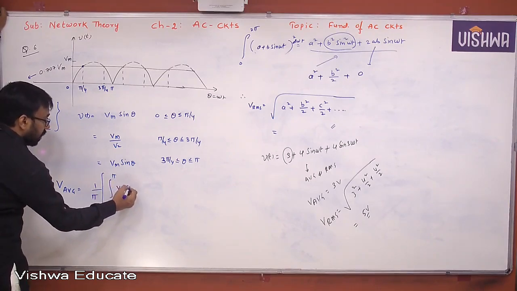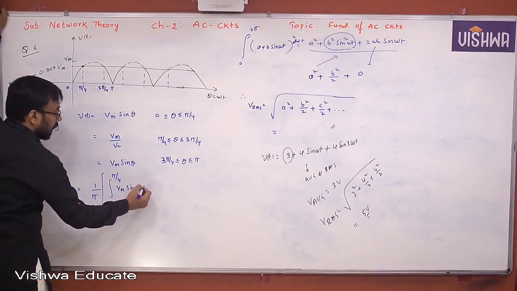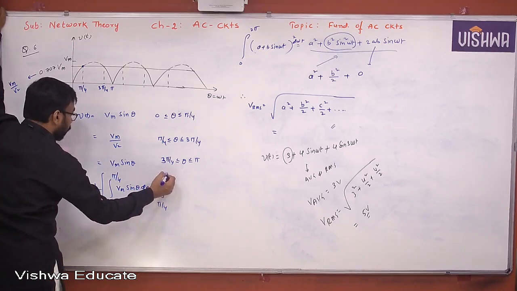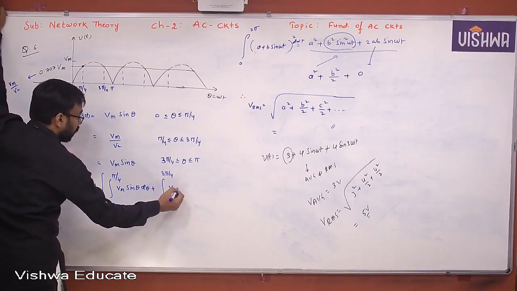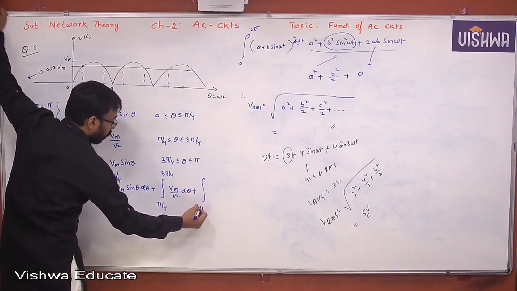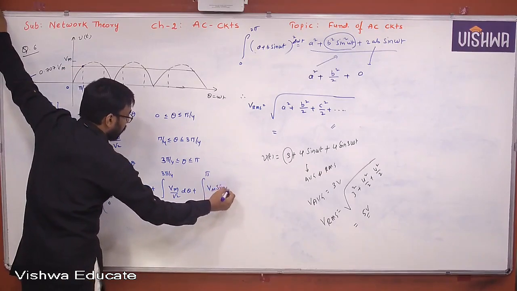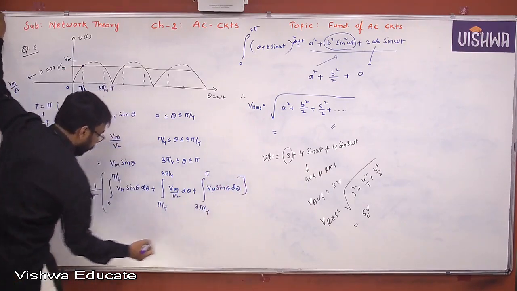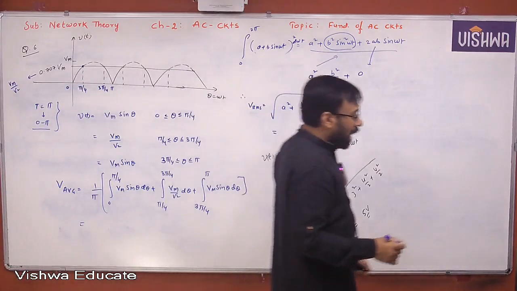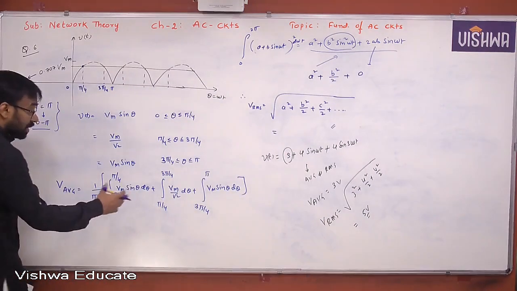Integral 0 to pi by 4 of Vmax sine theta d theta, plus pi by 4 to 3 pi by 4 of Vmax by root 2 d theta, plus 3 pi by 4 to pi of Vmax sine theta d theta. Okay, like that you can calculate. Similarly, RMS also you can find. I give the answer. You can simplify it. And similarly for RMS also you can write the expression.